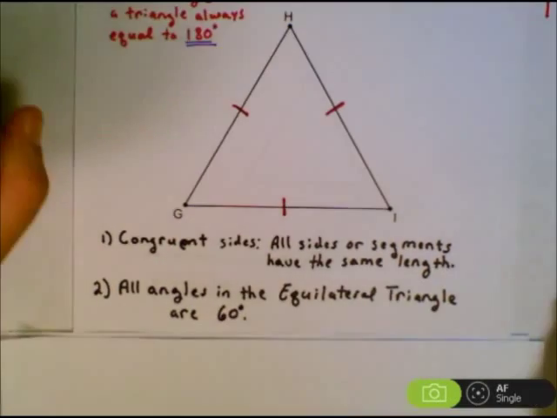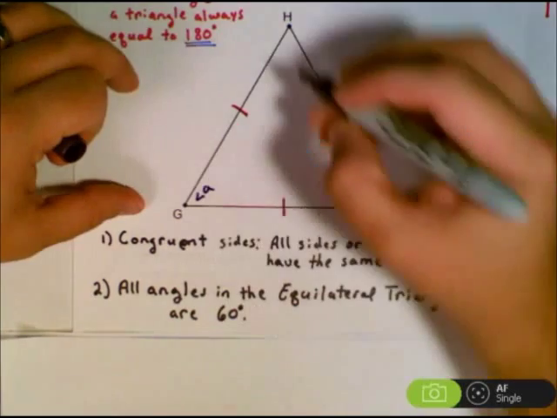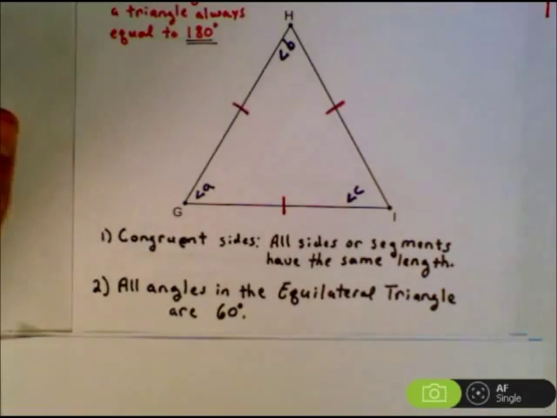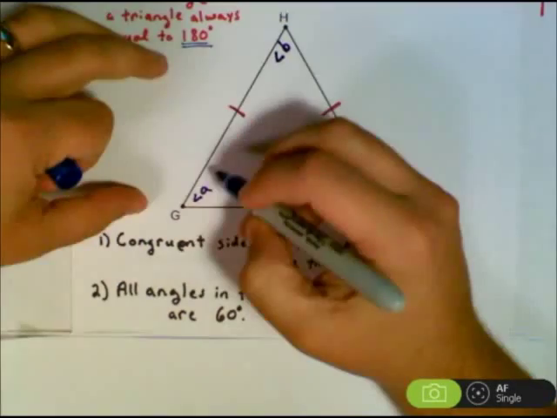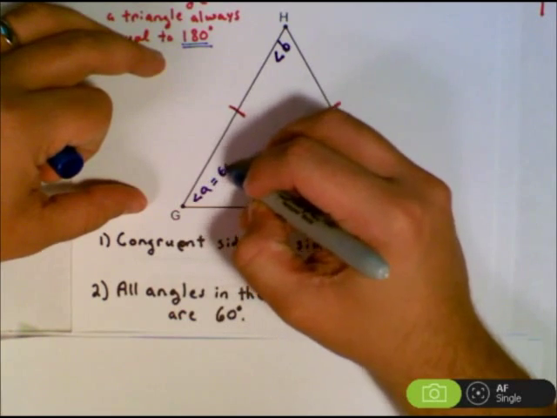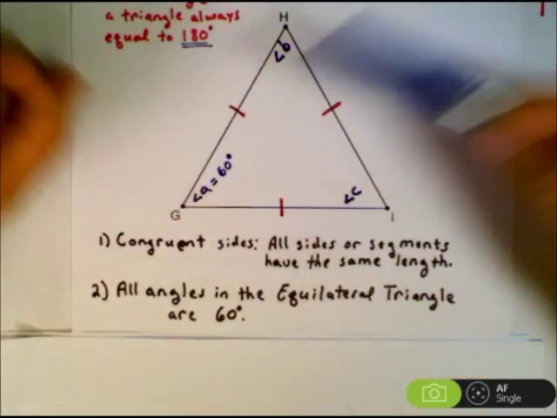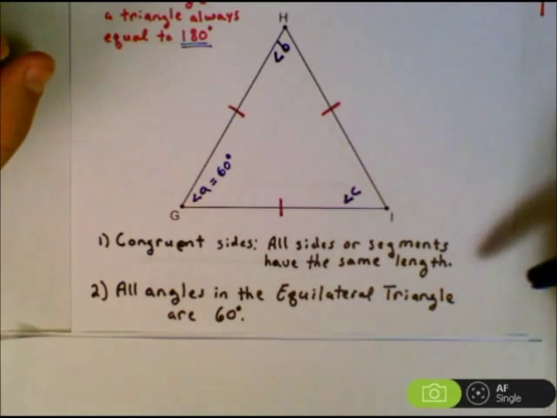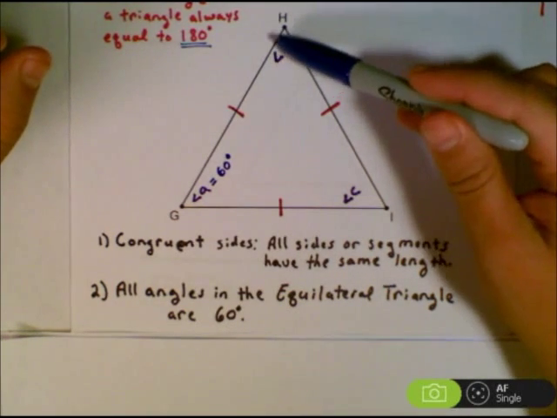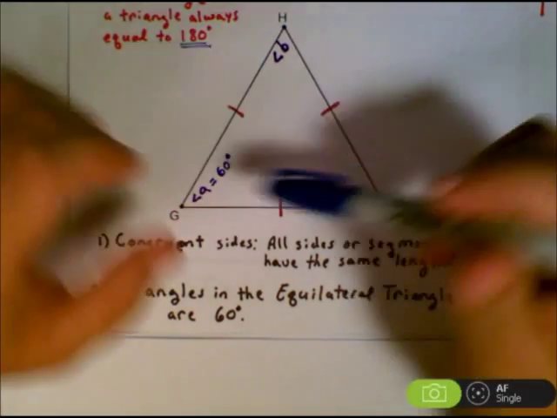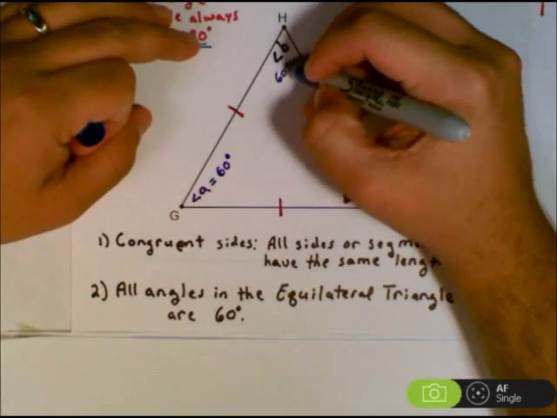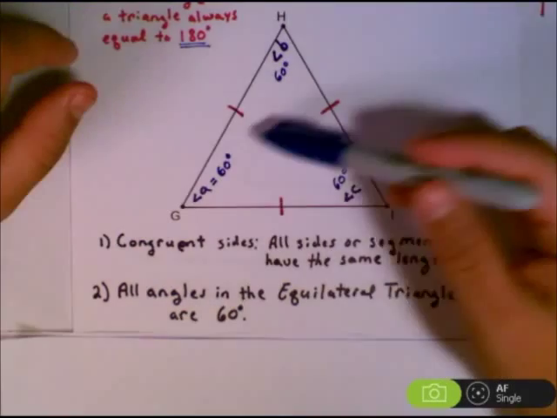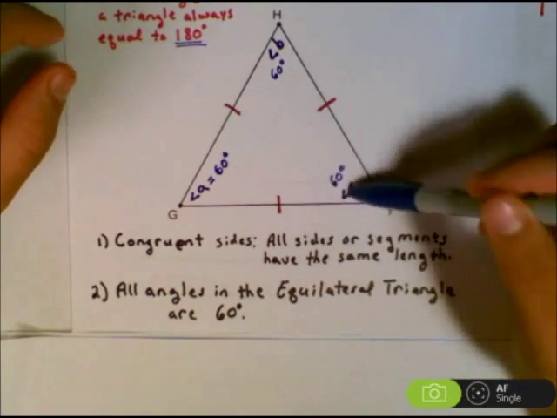For example, if we name this angle A, angle B, and angle C, and we only have the measure for angle A as 60 degrees, and we want to find out the measure for angle B, this second rule for an equilateral triangle will automatically tell us that angle B will measure 60 degrees, as well as angle C. Notice how all the angles are equal.